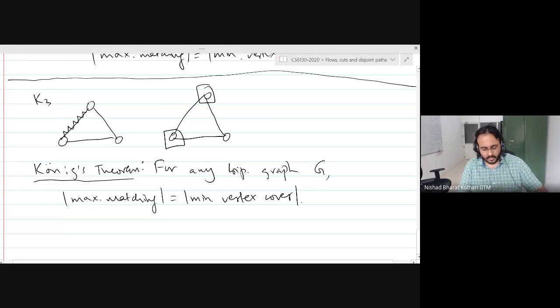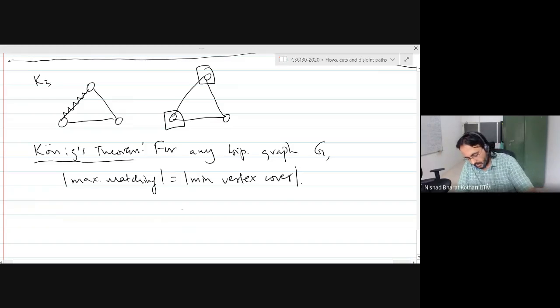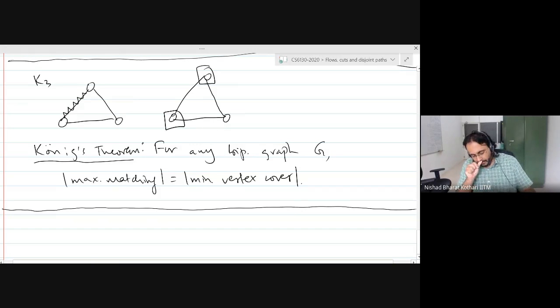Okay? So Koenig's theorem looks very much like Menger's theorem. It shows that a certain maximization problem has the same value as a certain minimization problem, right? But it only applies for bipartite graphs.